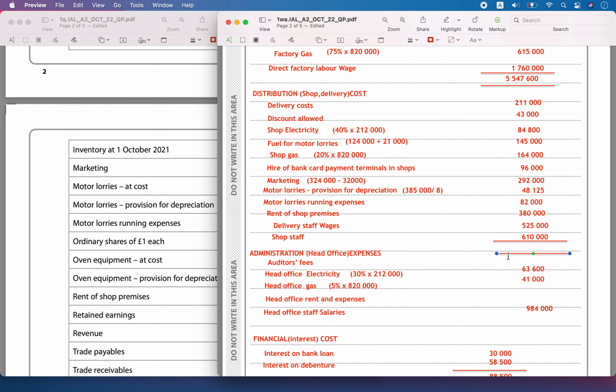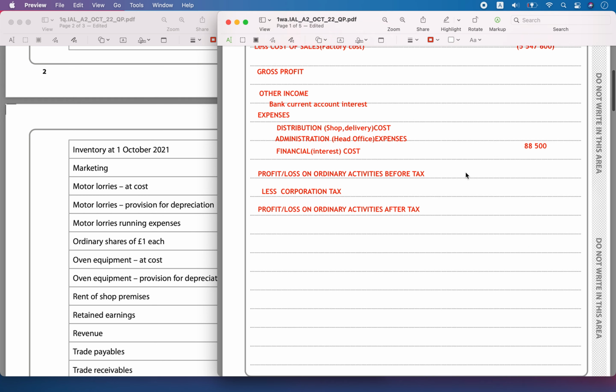So that is 2,680,925. So 2,680,925 is your distribution cost. Let's go and write it here.